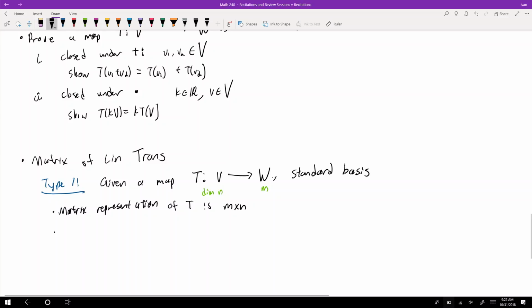Okay, we need to give a name for the input basis. So say the input basis B has B1, B2 through Bn. And since we're doing the standard basis, these guys really are just E1, E2, En. So E's are just your standard basis elements for that vector space. But I just need to give them a name.